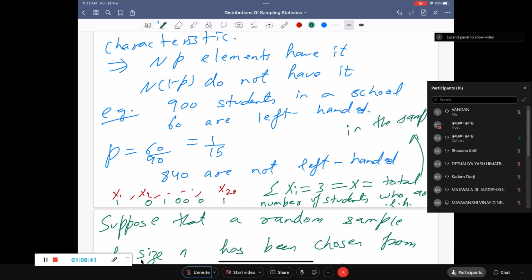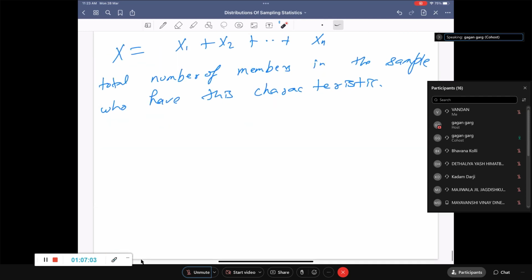Okay. So in the whole school, there are 900 students, out of which 60 are left-handed. You choose a random sample of 20 students. Each xi is 1 if that particular student is left-handed. You sum all these, you get 3. So this is the total number of students who are left-handed in the sample. That is what you are getting in this x. So this x is x1 plus x2 up to xn. Total number of members in the sample, not in the whole population, who have this particular characteristic.